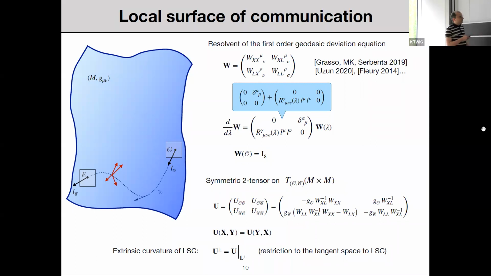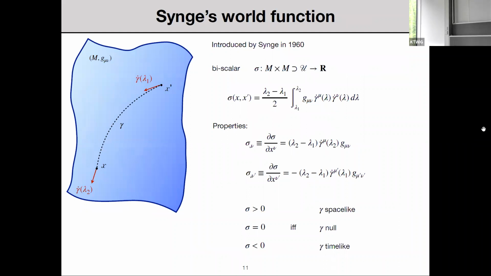Physically, they correspond to the following. If you solve the geodesic deviation equation, I will write it on the blackboard. So imagine that you solve the geodesic deviation equation. Okay, so we try to solve the geodesic deviation equation along this curve, with some kind of initial data.